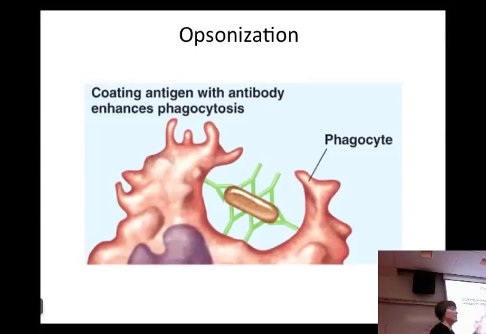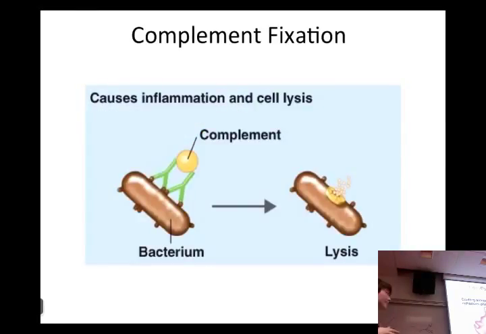Opsonization, why is opsonization helpful? Covering the surface of the microbe with an antibody is doing what? It activates those macrophages, it activates those phagocytes, it says this is the guy we know for sure you want to be dealing with. Why would you want to turn on the complement system if you're an antibody bound to your target?